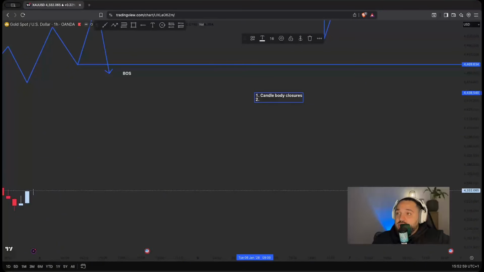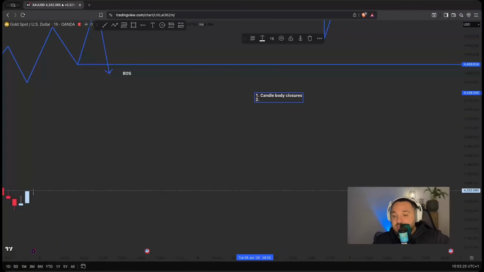Rule number 2: we are always looking at multiple time frames. For example, if I'm trading on the 15, the 5 or the 1 minute time frame, I am always looking at the higher time frames like the 4-hour or 1-hour time frames. And I have to make sure that both time frames are in the same direction.